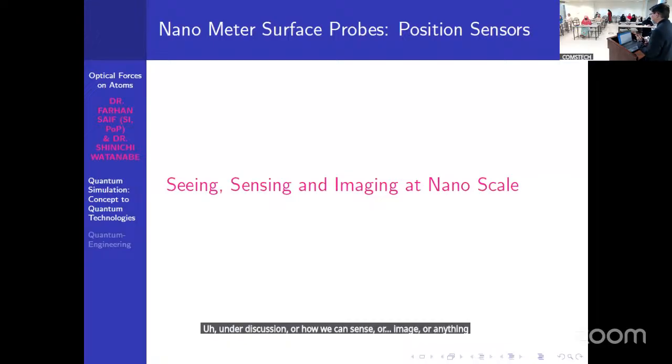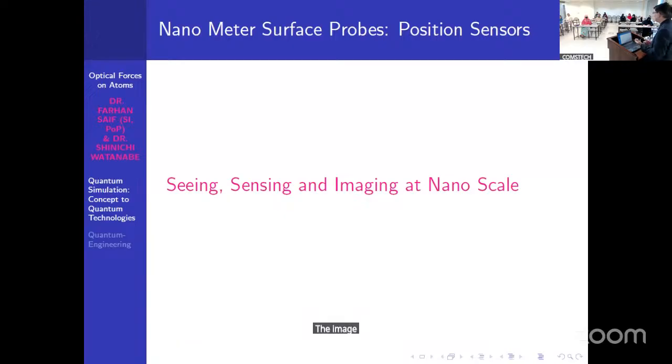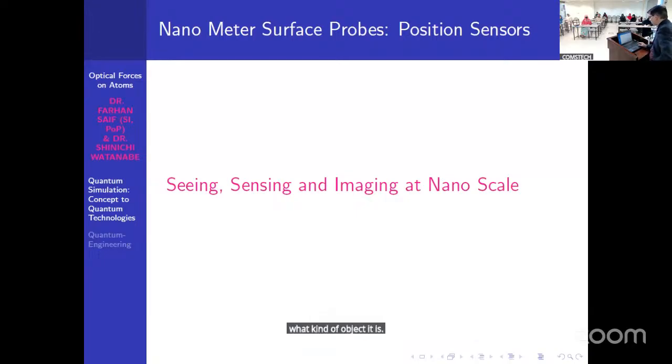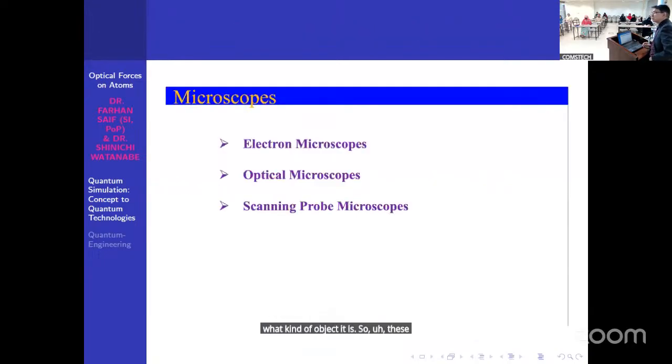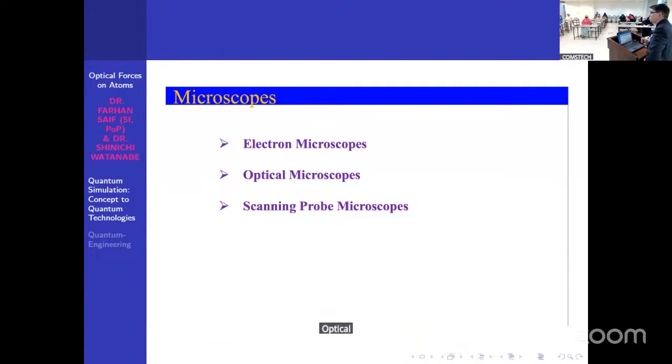Out of these three options, either we see it, we image it, or we sense it, just like our fingers can sense something, what kind of object it is. These three targets are obtained by developing three different kinds of microscopes, for example, electron microscope, optical microscopes, and scanning probe microscope.